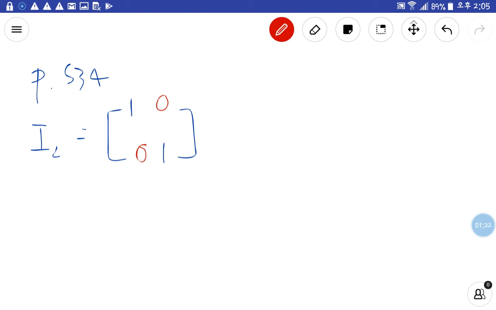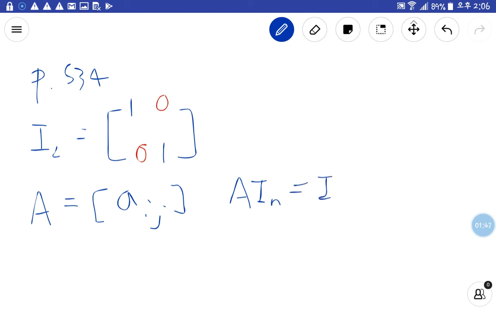Okay? So if A is written as A_ij, and then you say A times I_n equals I_n times A, that becomes just A itself, like multiplication. 2 times 1 equals 2, right?